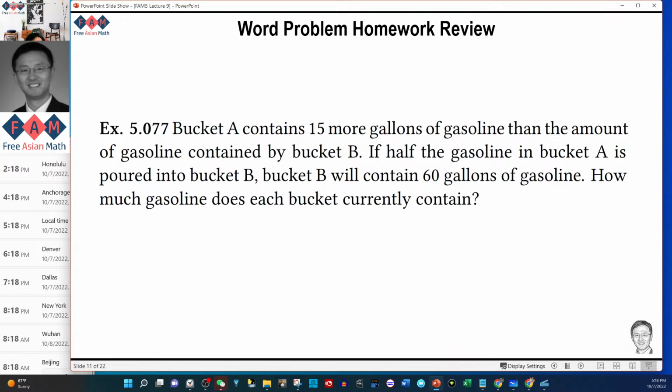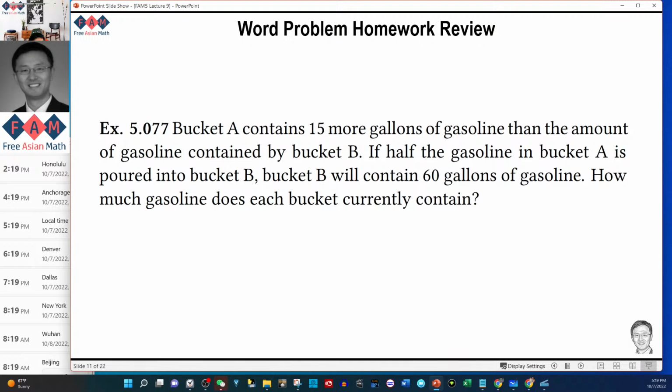We can double the new updated amount of gasoline in B, right? If we double B, just imagine that after this, B has 60 gallons. If we have another copy of the updated B, we have two 60s.